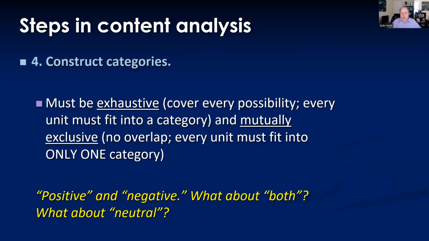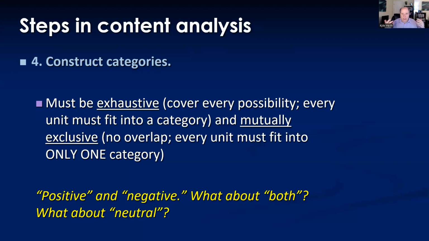Now, the problem we could run into is that some of our units may be both positive and negative. So maybe we also need a category called both in order for our categories to be exhaustive. Or maybe there are some ads or some sentences or whatever our unit of analysis is that are neither positive nor negative. They're just basic statements of fact.